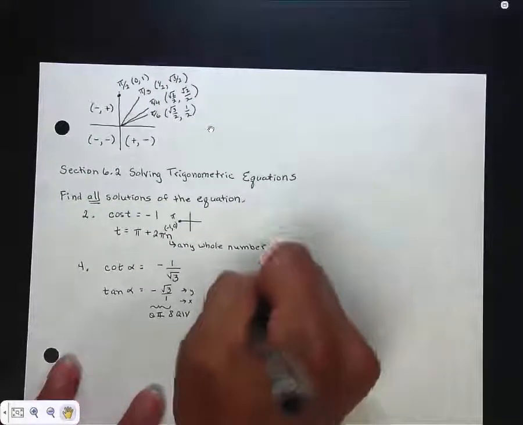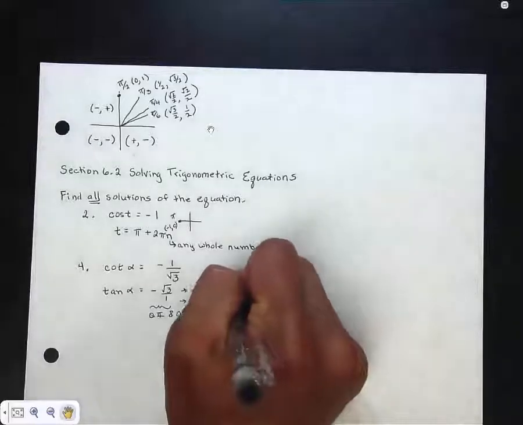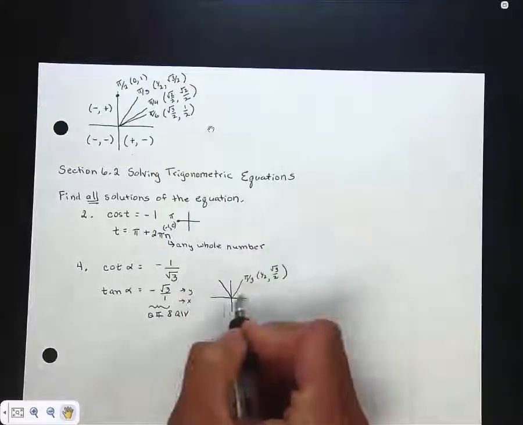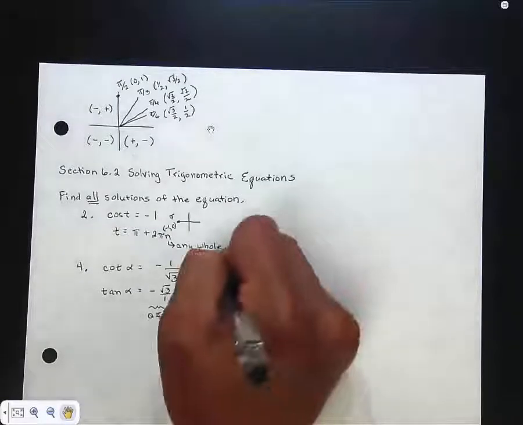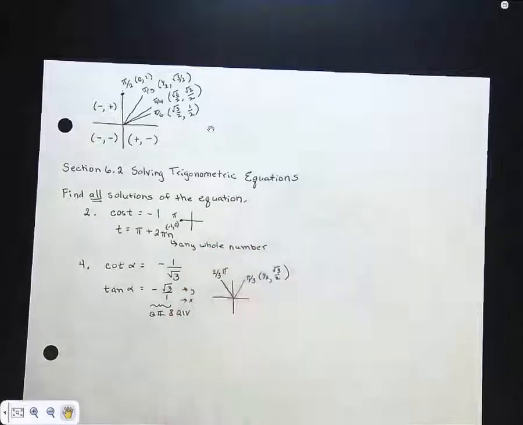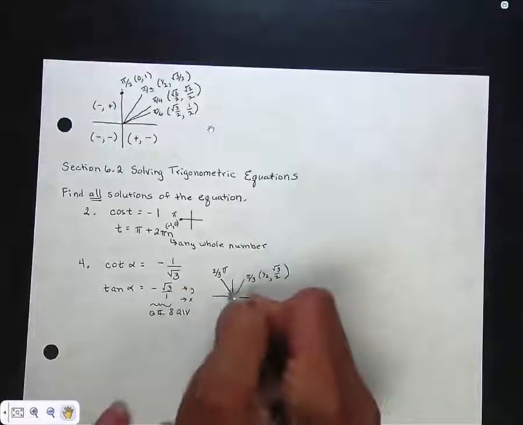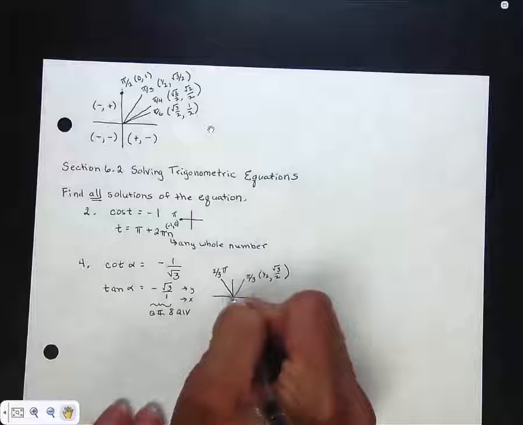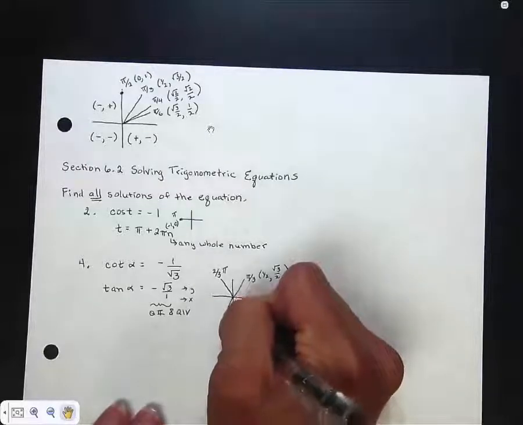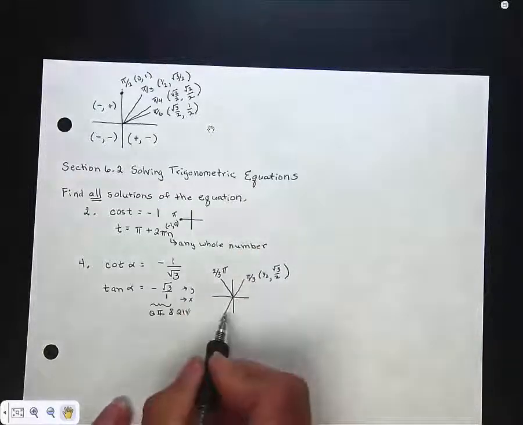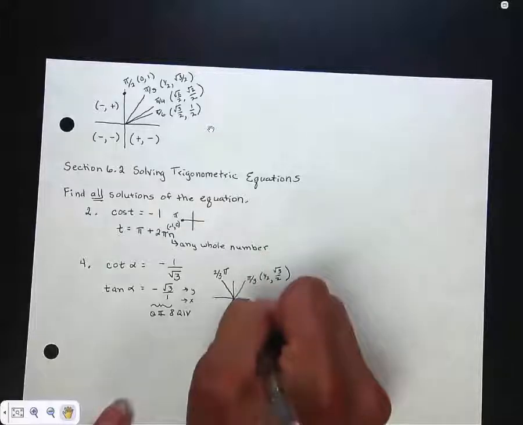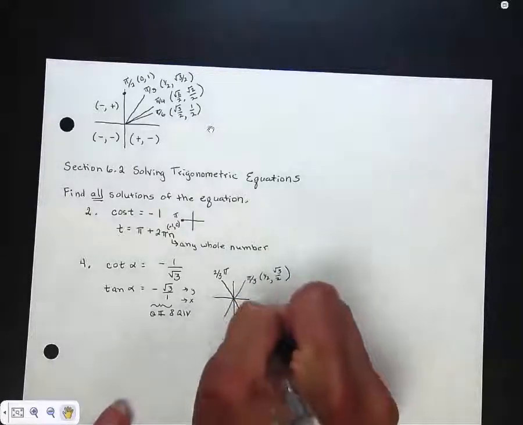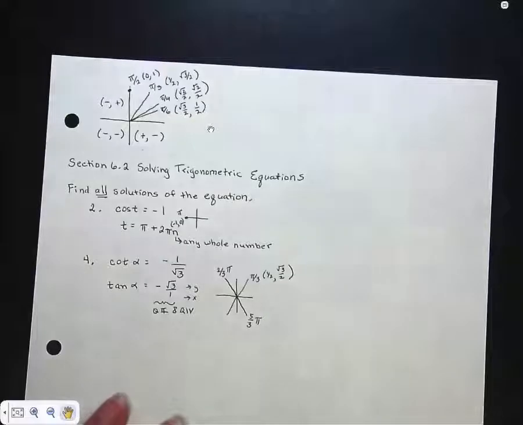In the second quadrant, that same angle would be, this is 1/6, 2/6, 3/6, 4/6, or 2/3 pi, and then 5/6, 6/6, 7/6, 8/6 in the third quadrant, 9/6, 10/6, better known as 5/3 pi in the fourth quadrant.